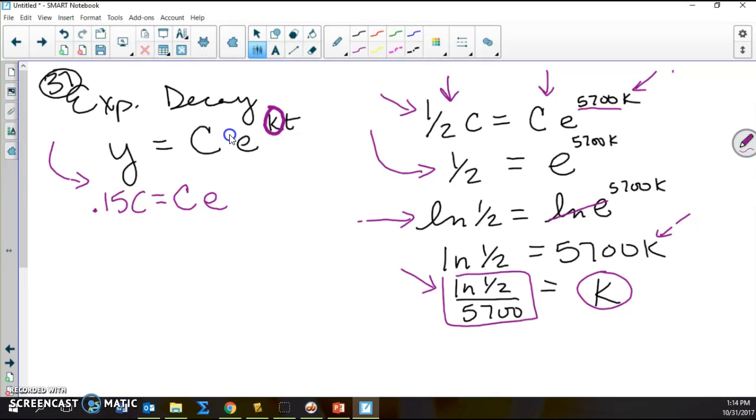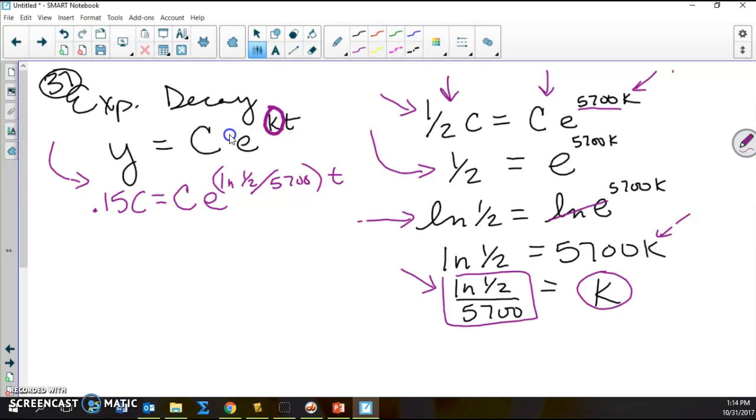We're going to raise e to the natural log of 1/2 divided by 5,700, and we are still solving for time.